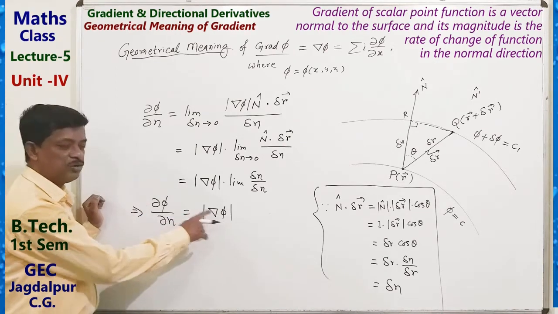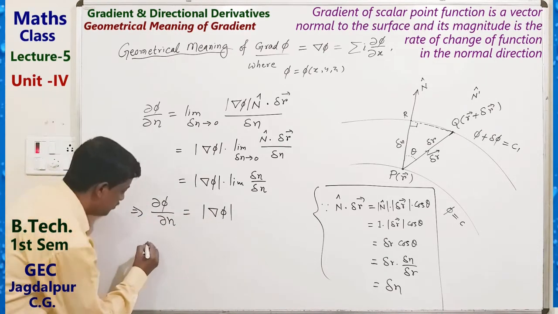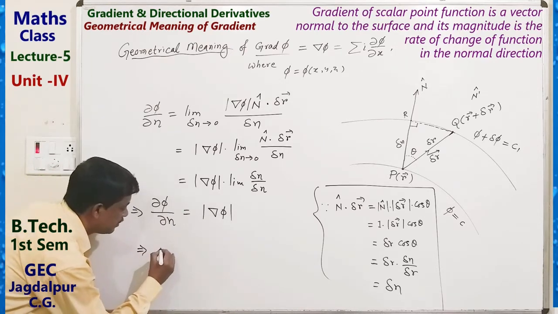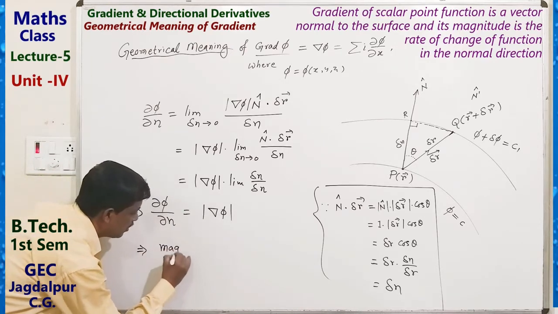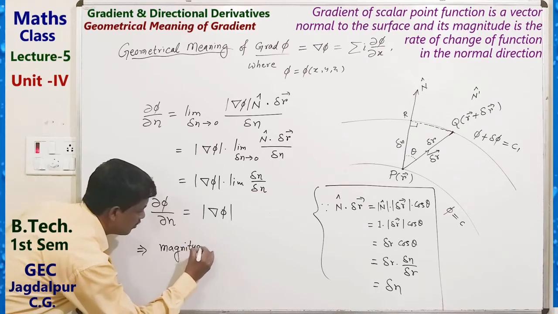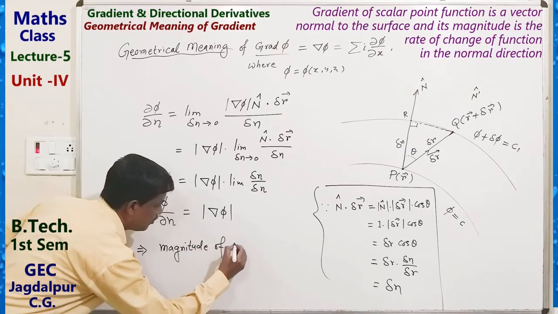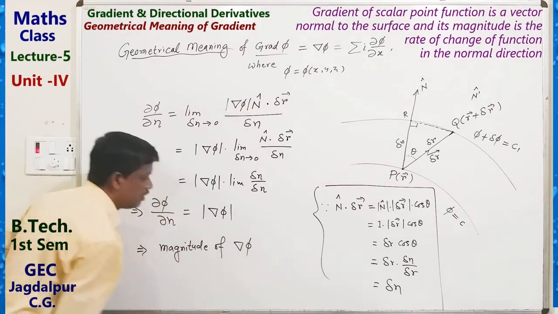So this is modulus, implies magnitude of del phi.